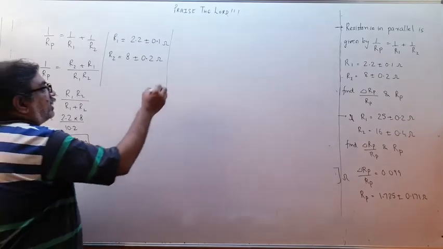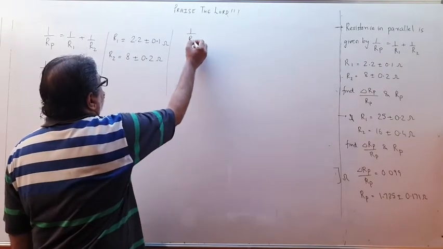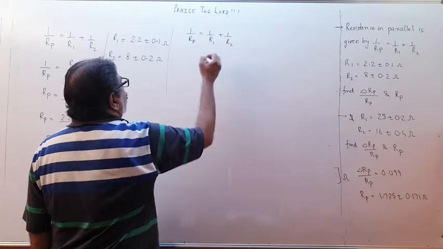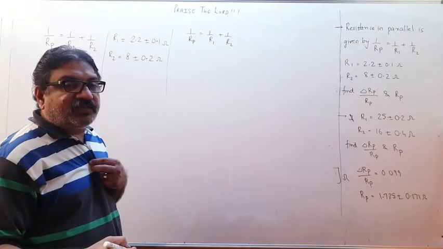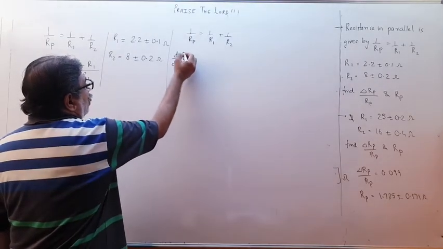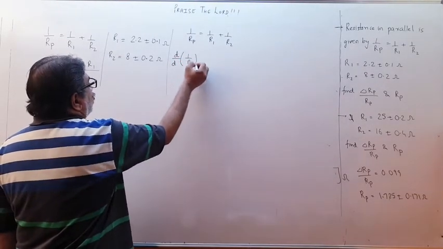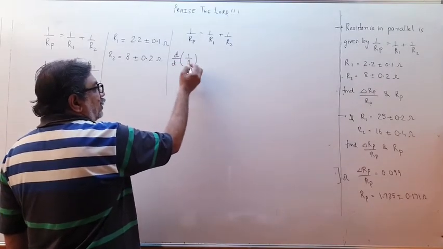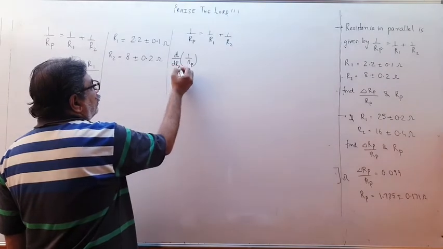Now children, please understand, I have 1 upon Rp is equal to 1 upon R1 plus 1 upon R2. If I take the derivative d by dx, you have studied this in which course? So I take d by dRp of this.